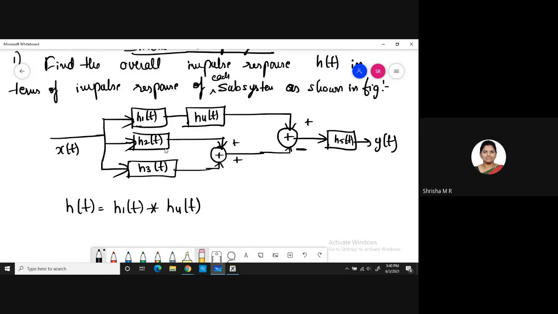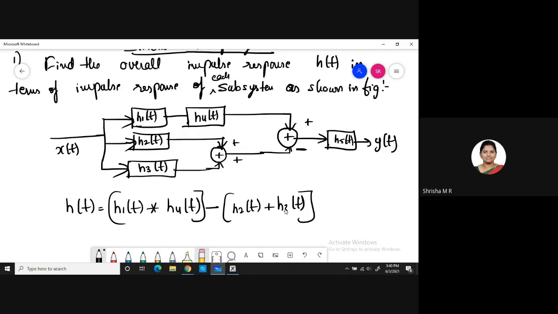So what about these two? If you have two systems in parallel, how will you reduce them? Minus h2 of t plus h3 of t. You have both plus signs here, right? So h2 of t plus h3 of t.